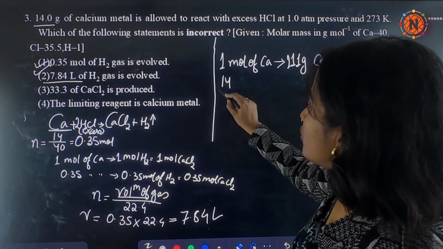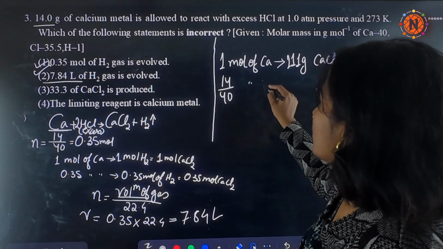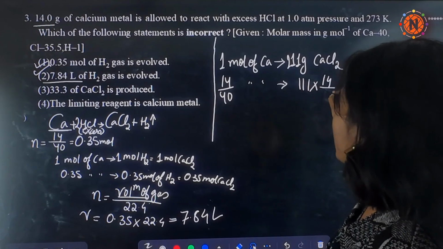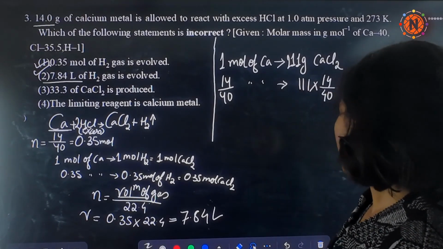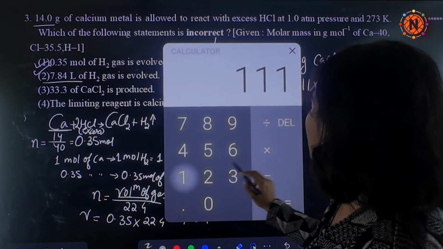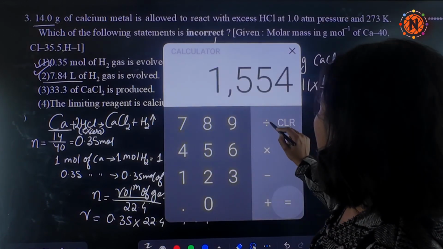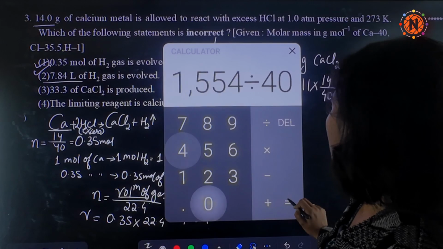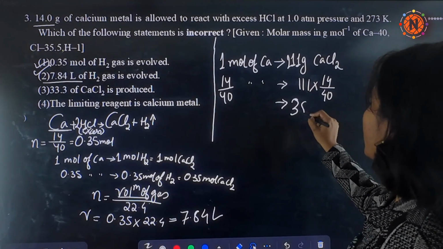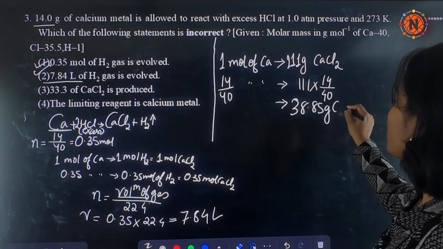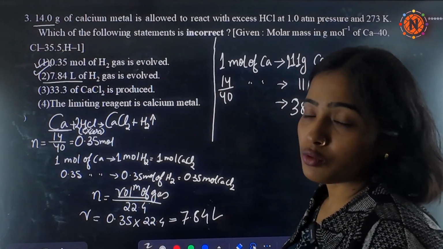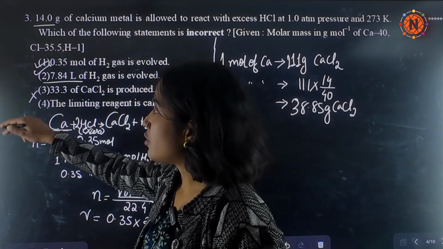So for 0.35 mole, I can write it as 35 by 100, multiplied by 111, which gives me the answer 38.5. So 38.5 gram of calcium chloride was produced when 0.35 mole of calcium was used. So option number 3 is wrong.